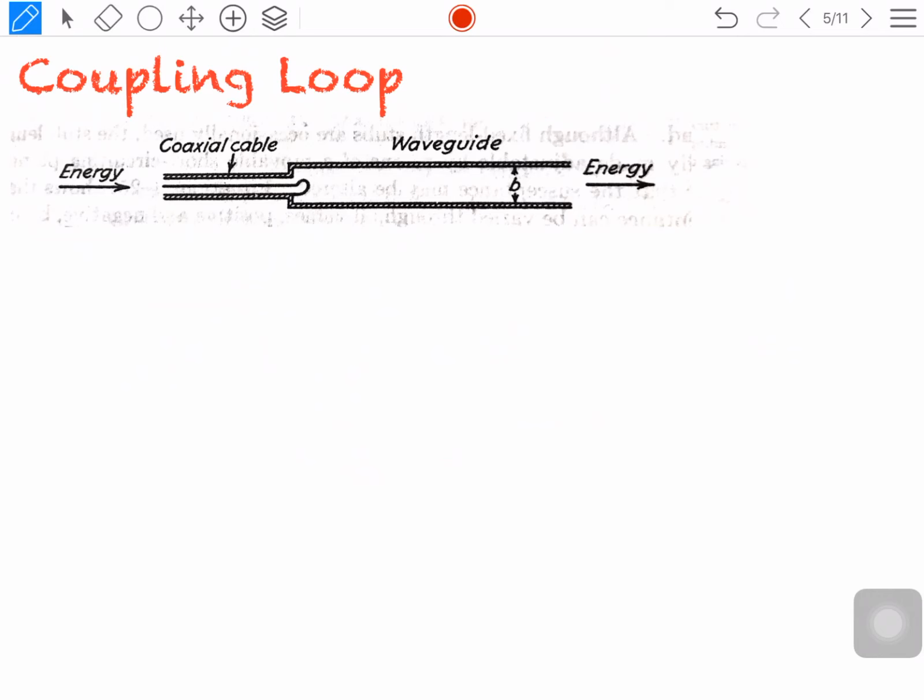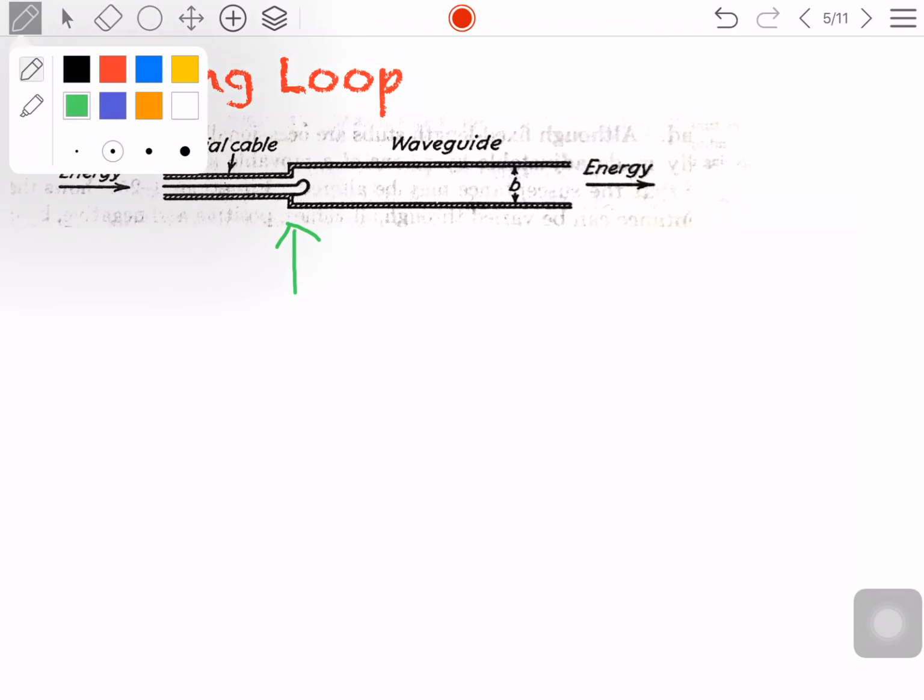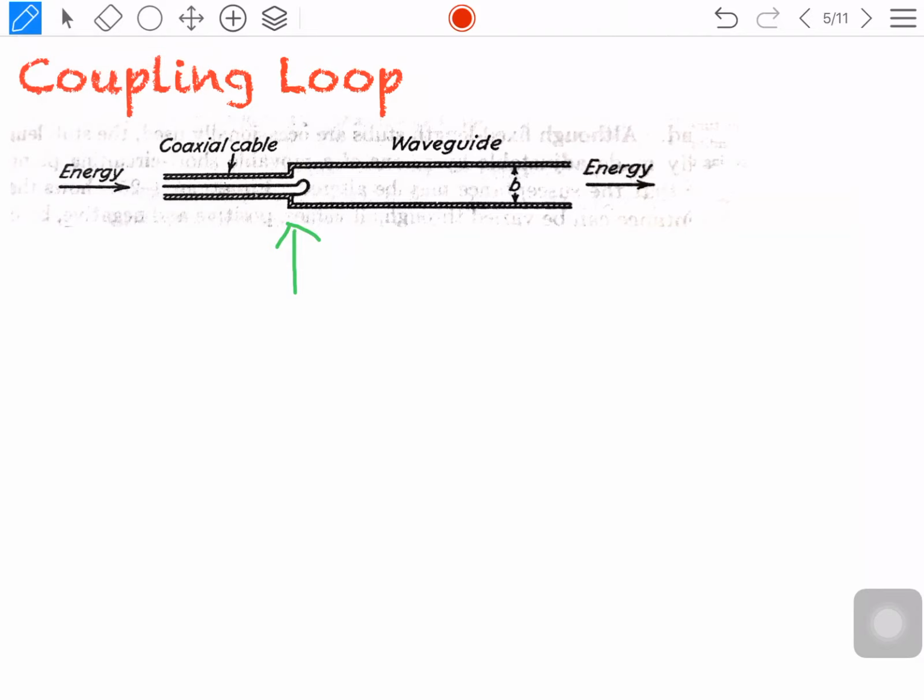As shown in the figure, I'll be using a coupling loop in the junction between the coaxial line and the waveguide. This is the junction where the coaxial cable and waveguide meet. See the inner conductor, it is extended, but it forms a sort of loop here.